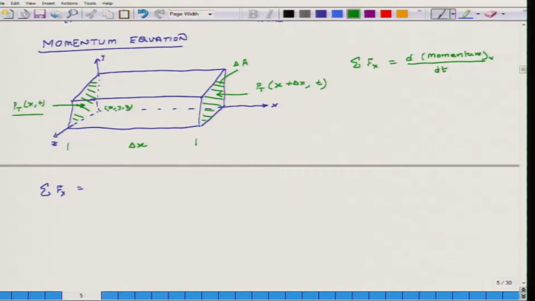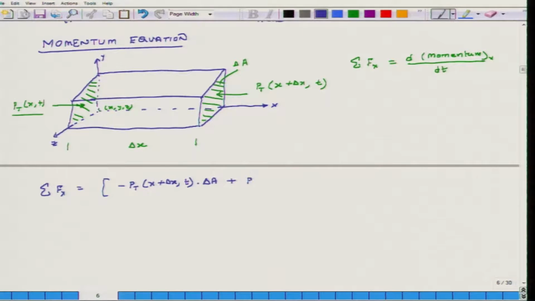on the positive face, the force experienced by the body is minus P(x plus delta x, t), that is the pressure, times area delta A, and on the negative face the direction of force is positive, and on the positive face the direction of force is negative.